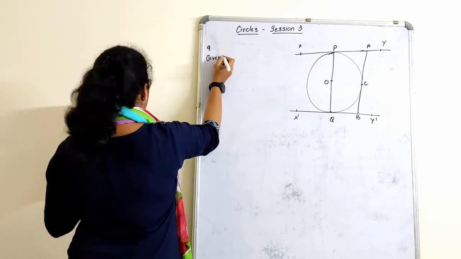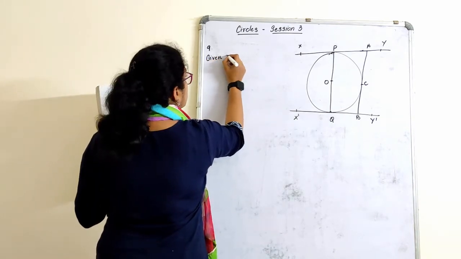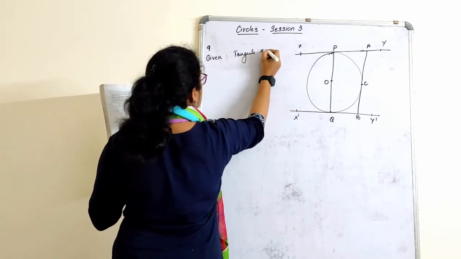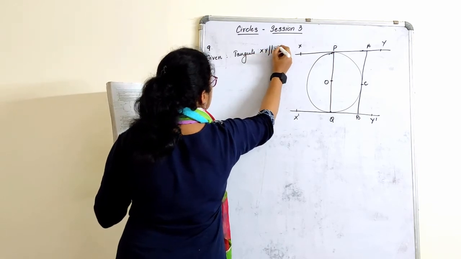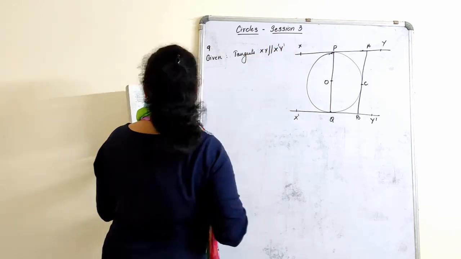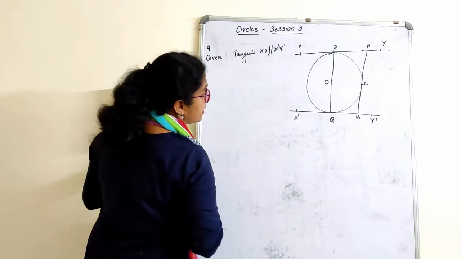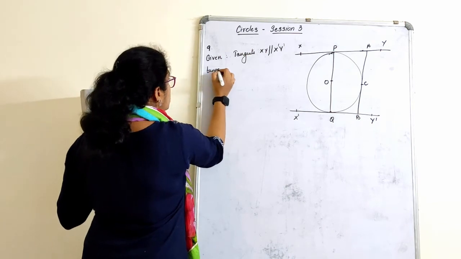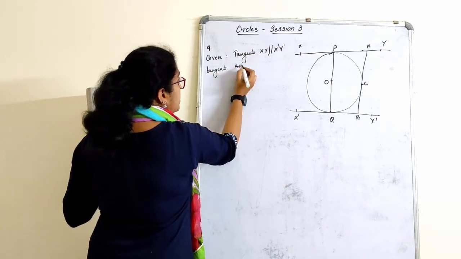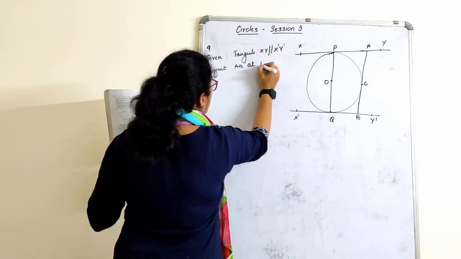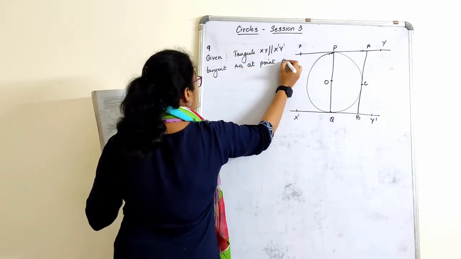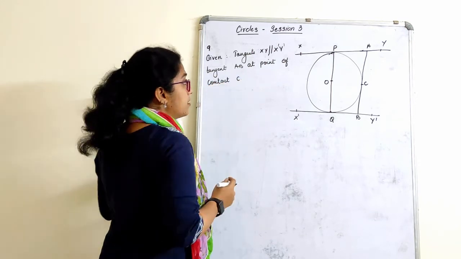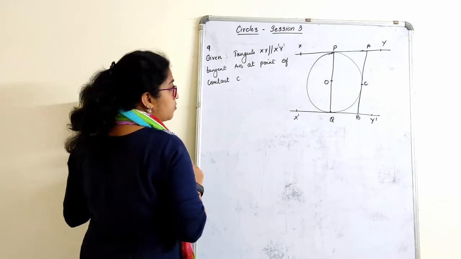So given: tangents XY is parallel to X'Y', and tangent AB is at a point of contact C. Now what I have given, prove that angle AOB is equal to 90 degrees.